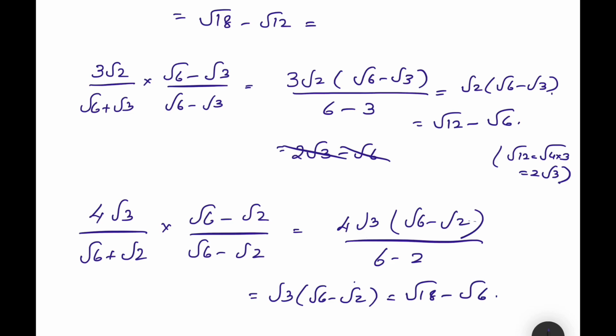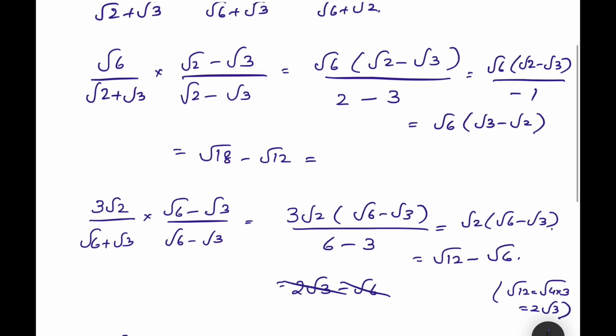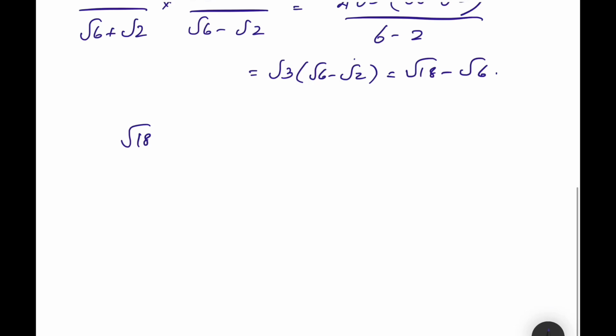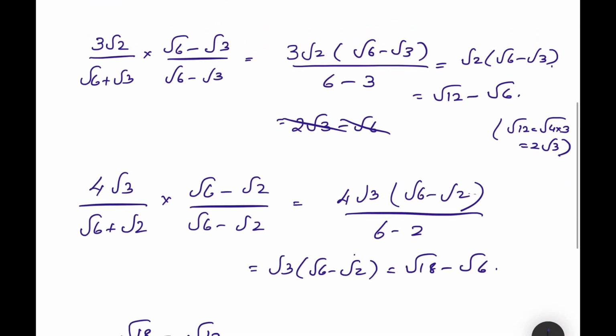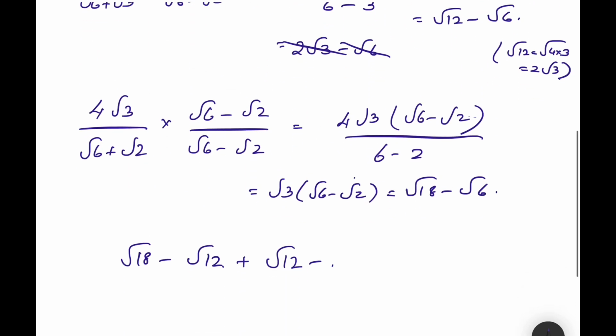Now you will substitute in the expression. So the first one will be root 18 minus root 12. So substitute root 18 minus root 12. Then it will be plus root 12 minus root 6. Then again it is root 18 minus root 6.